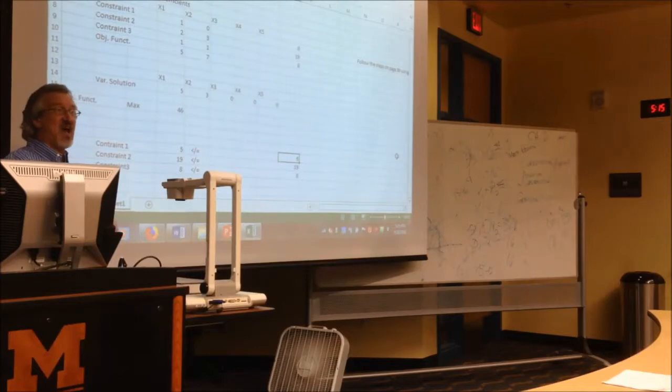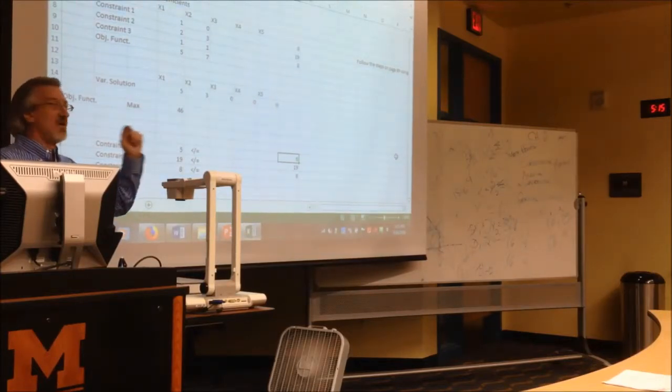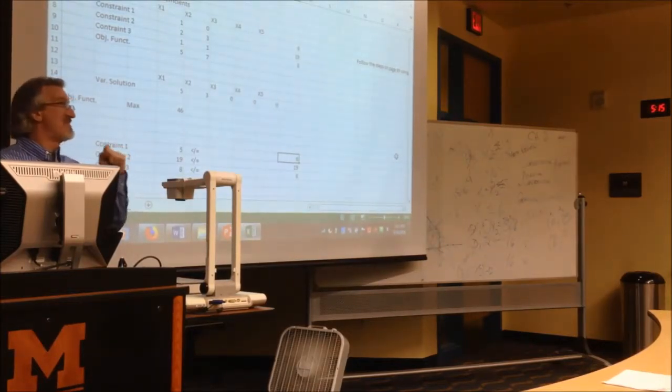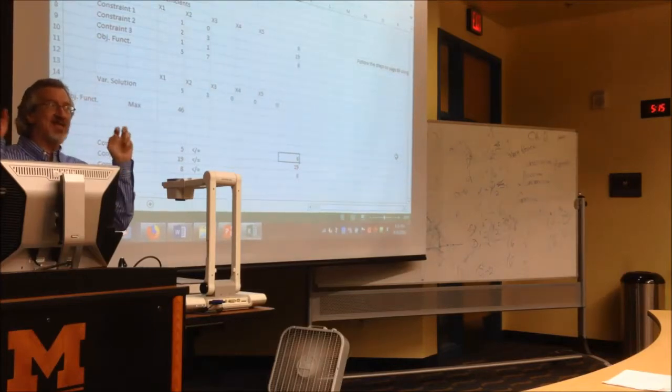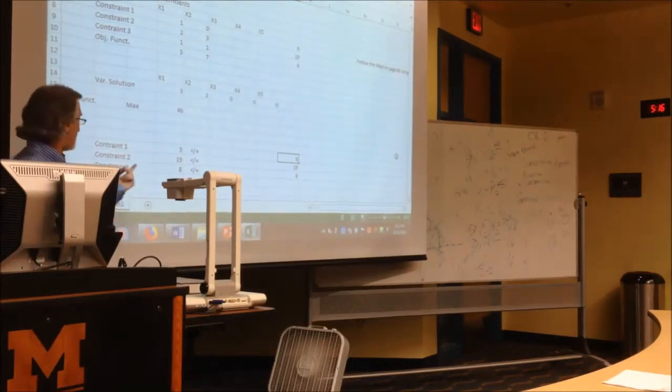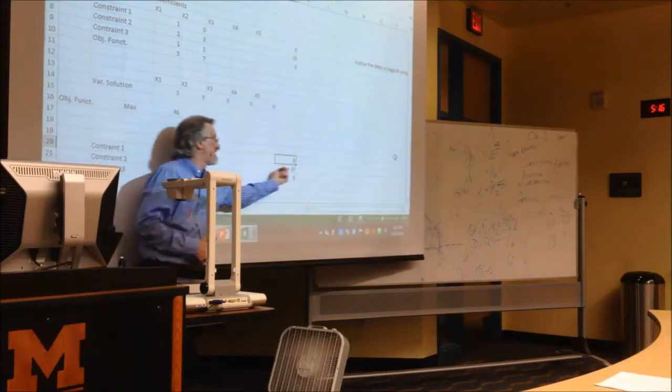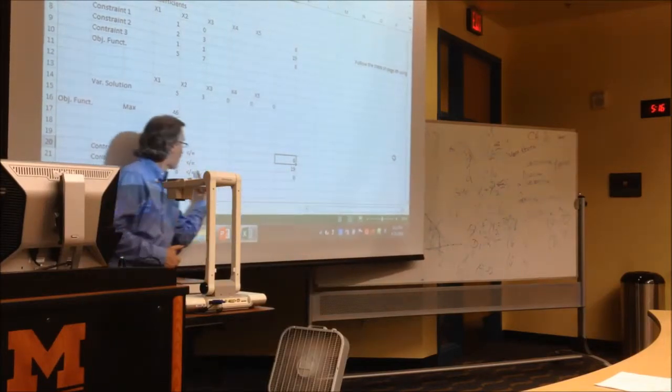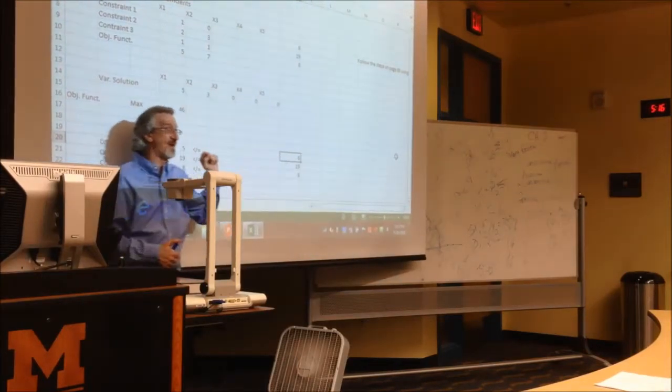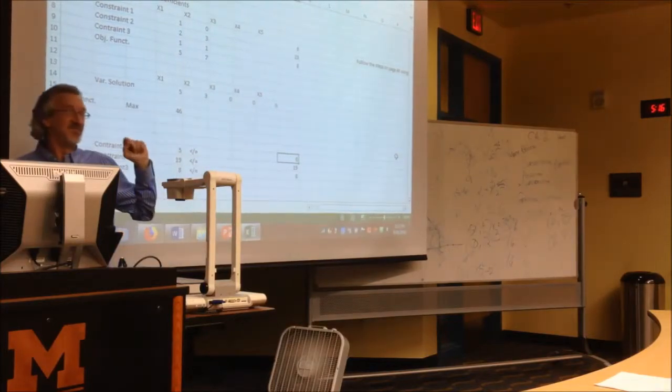Of all the constraints, the ones that form the optimal solution are the binding constraints. And the left-hand side always ends up equaling the right-hand side for a binding constraint. Easy way to recognize it.